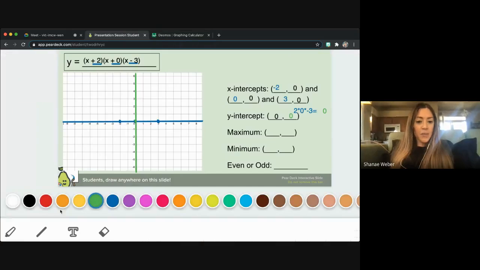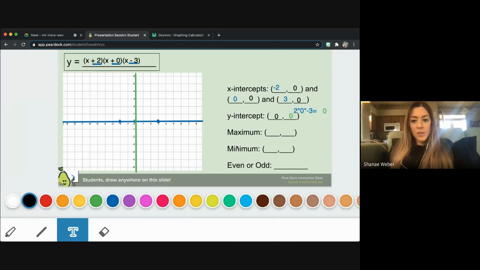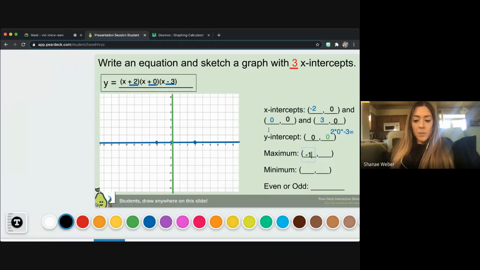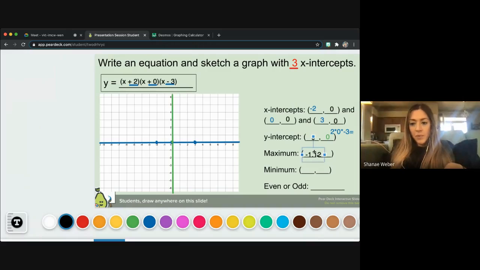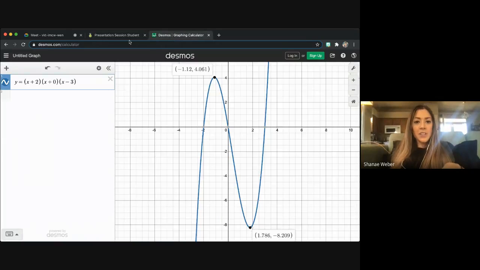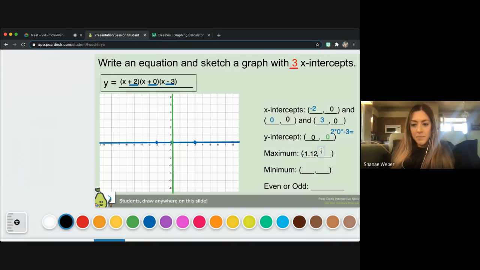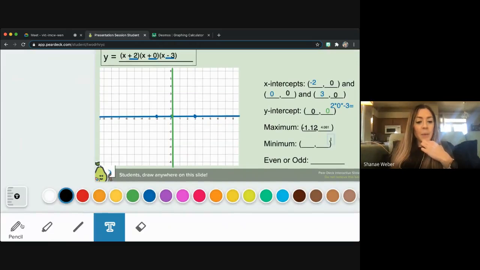So I'm going to go ahead and write that down. Negative 1.12, comma 4.061. Might need to make our text a little smaller. So I'm going to go ahead and plot that point.